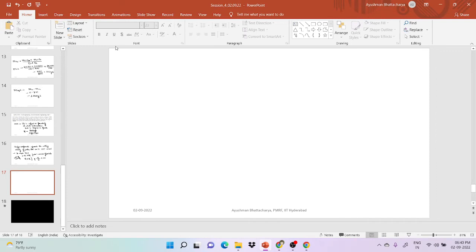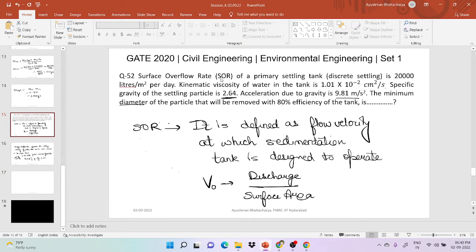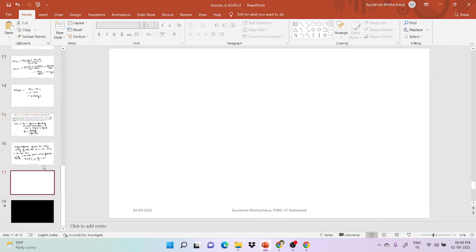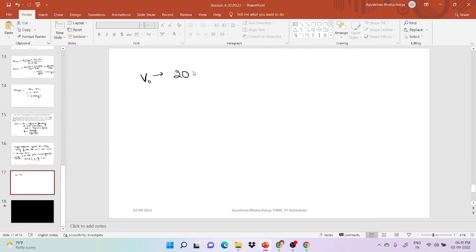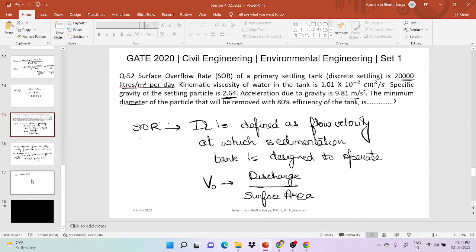Now, in the question, they have given us the surface overflow rate as 20,000 liter per meter square per day. So V naught is 20,000 liter per meter square per day.